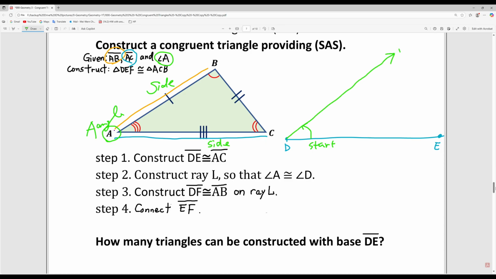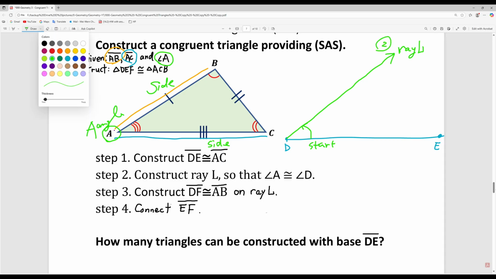We call this ray L. Okay. And then step 3. So this is step 2. And this is step 1.